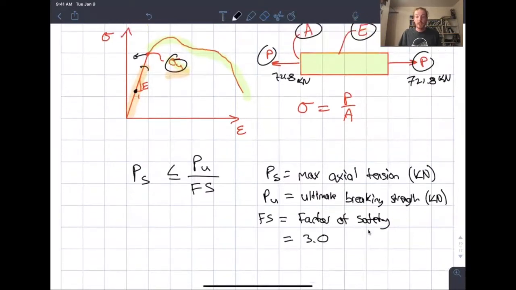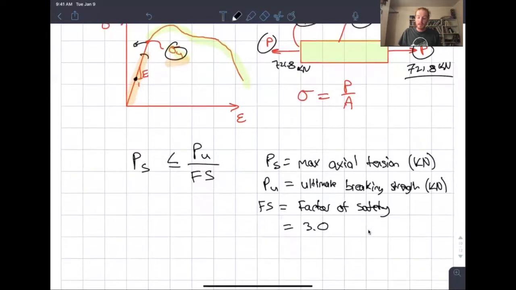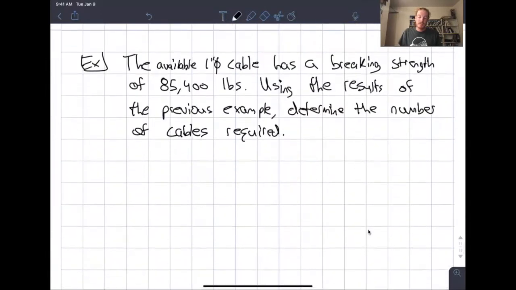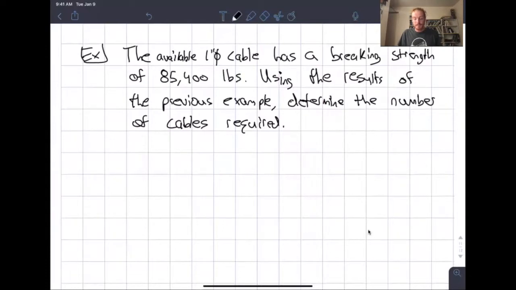We can use this relationship to figure out the number of cables we need based upon the force that's being pulled on them, as well as the ultimate breaking strength, which we get from our in-country program managers. So it's easiest to show this through an example.